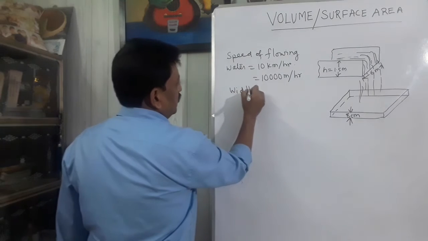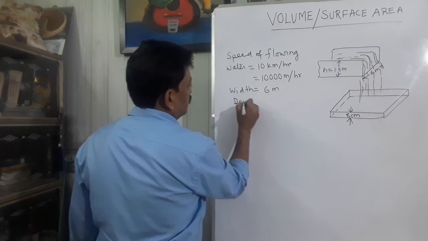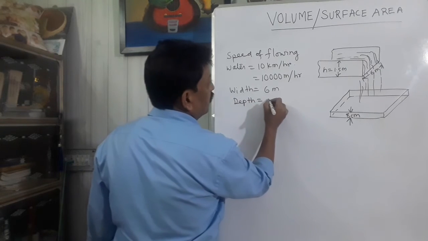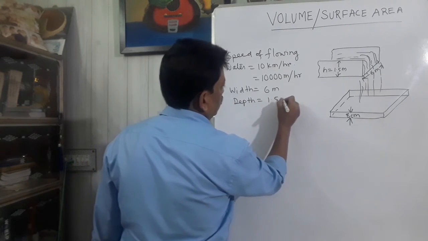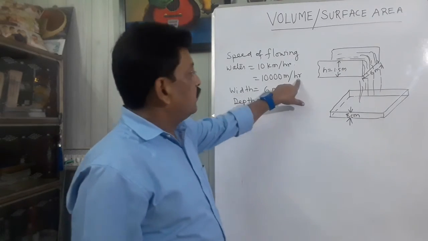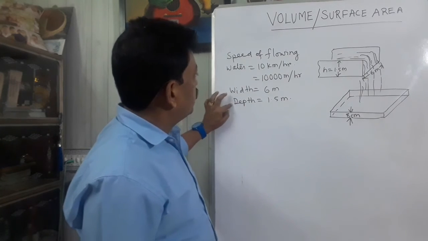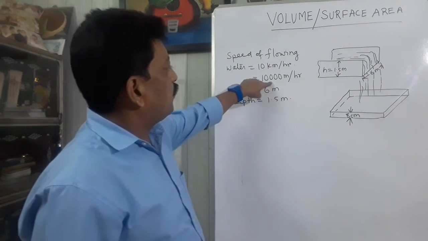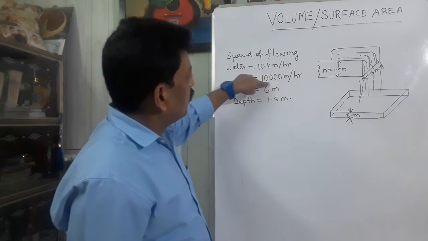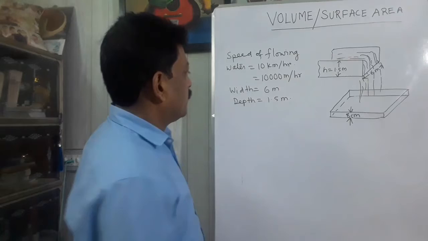Width equals to 6 meter and depth equals to 1.5 meter. Now the volume of water flowing per hour will be the product of these three, the width into depth into amount of water, that is the length of water column flowing per hour.